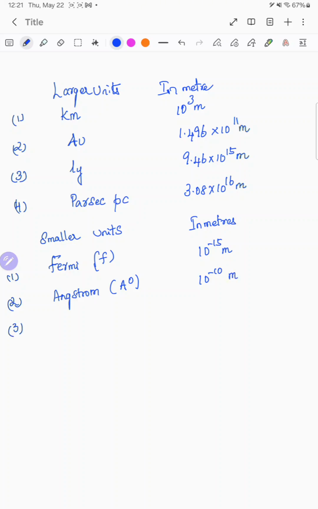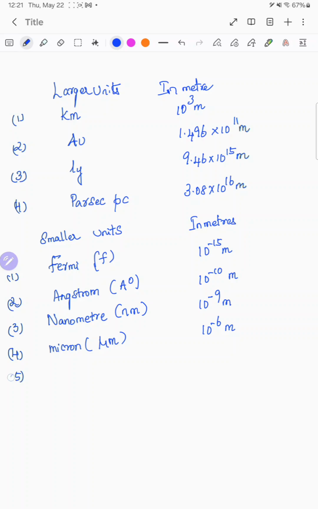Then a little bit more, we know this one, nanometers. Everybody has heard it. The nanometer is nm, which is 10 power minus 9 meters. Next one is the micron, written as mu m, which is 10 power minus 6 meters.